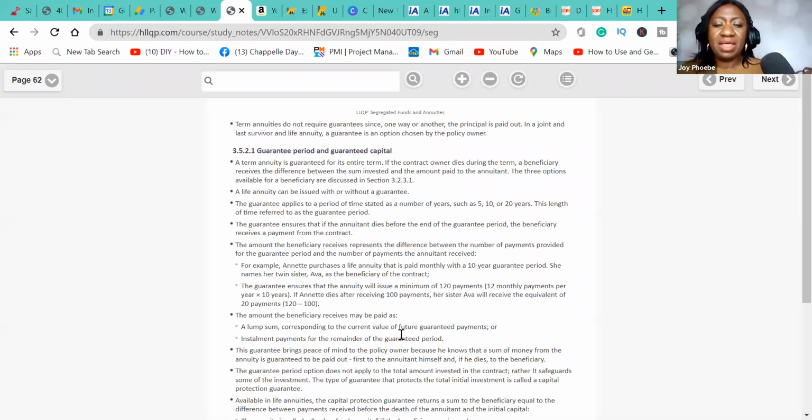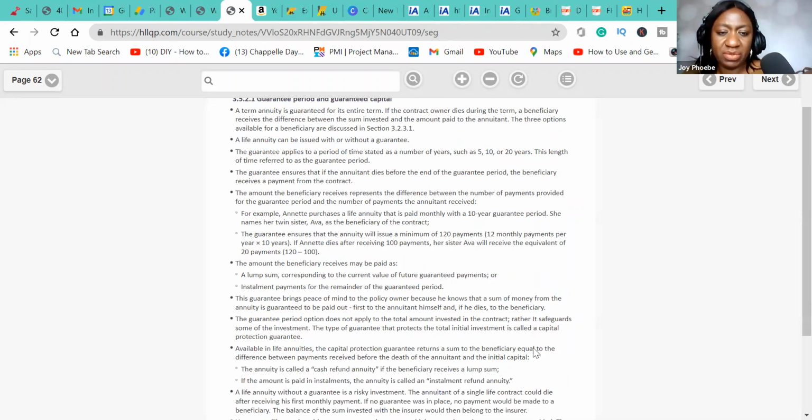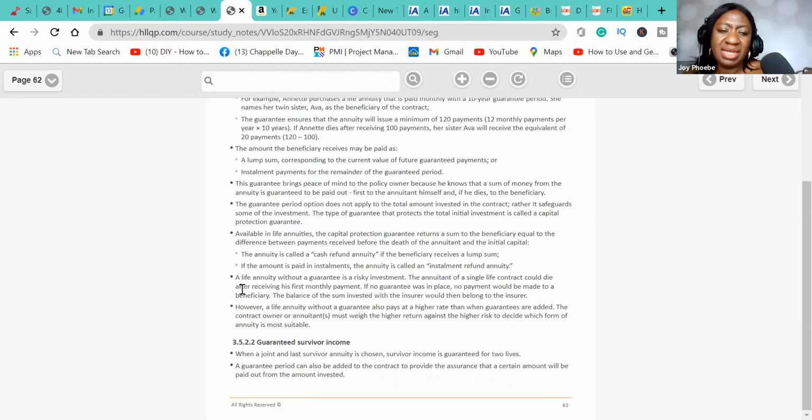Now, the amount the beneficiary receives may be paid as a lump sum, corresponding to the current value of the future guaranteed payments, or on an installment basis made over the guaranteed period of time. However, a life annuity without guarantee is a risky investment. The annuitant of a single life contract could die after receiving the first monthly payment.